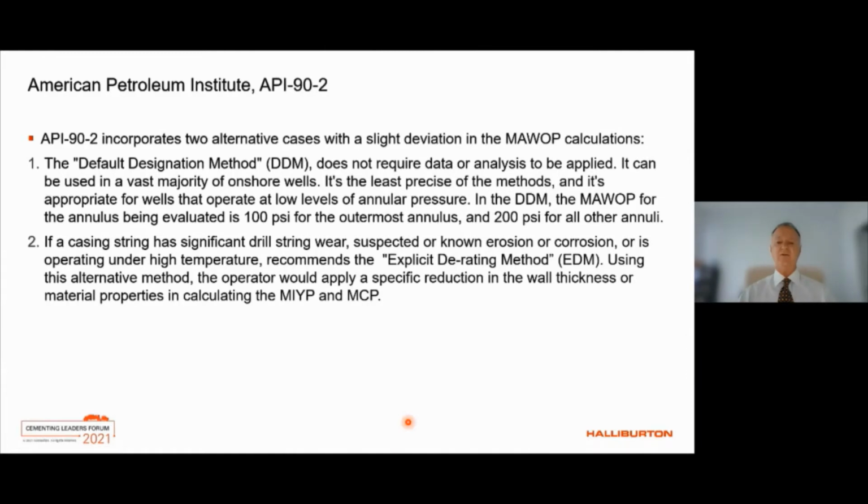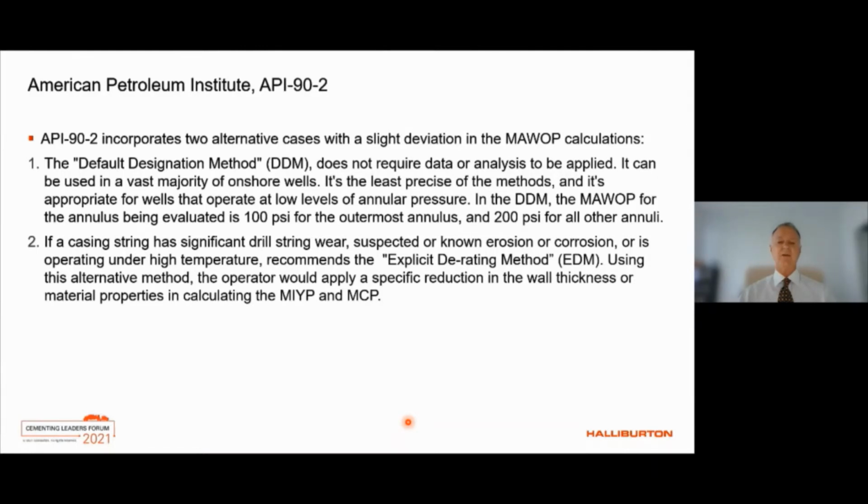The first of these is to use the default designation method, or DDM, which can be applied to most offshore wells and states the maximum allowable wellhead operating pressure for the well under investigation is 100 psi for the outermost annulus and 200 psi for all other annuli.